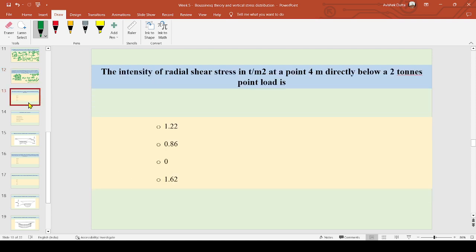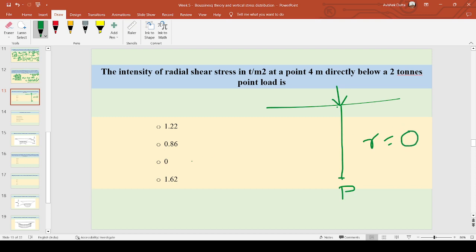Next question: intensity of radial stress in ton per meter square at a point 4 meter directly below a 2 ton point load. This is also a tricky question because directly below, that is, if this is the load and this is directly below at this point P, there will be no radial shear stress because the value of R equals 0.